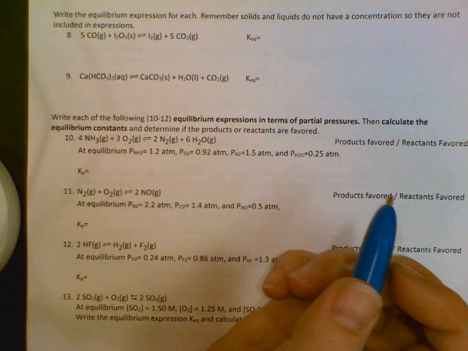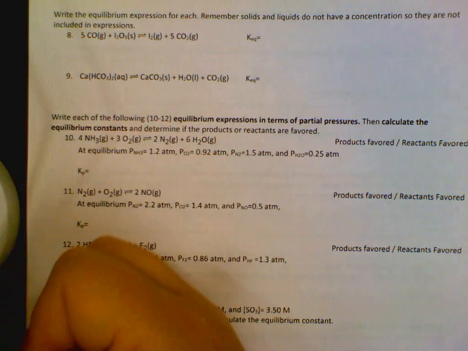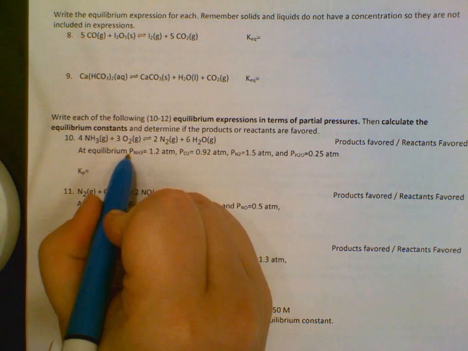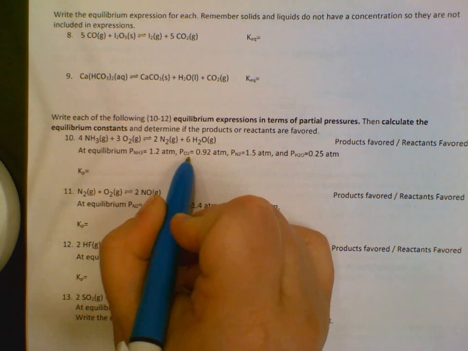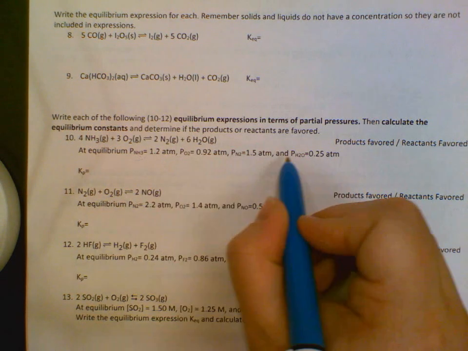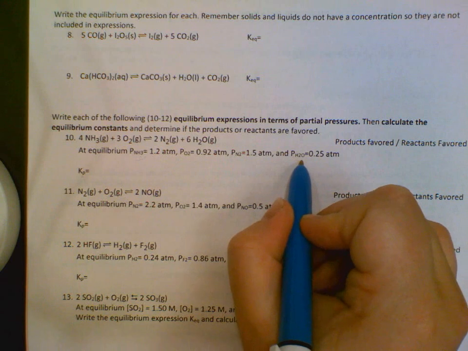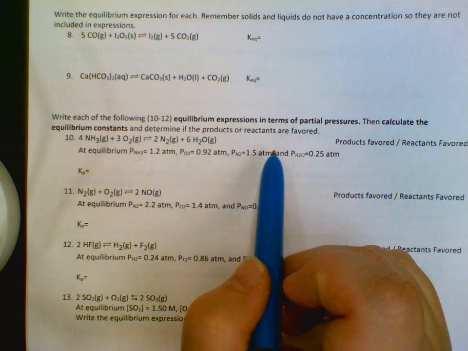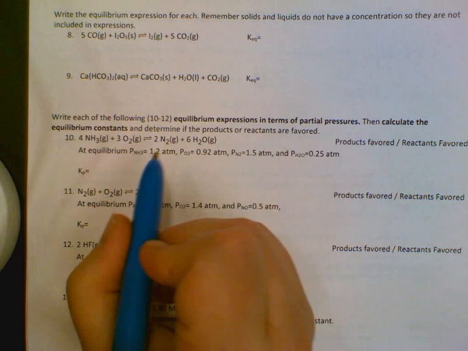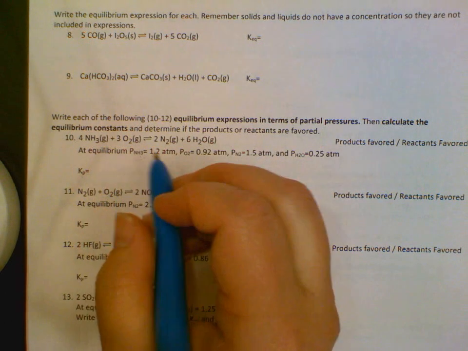So all that does is we're going to label things a little differently. Notice how we're given pressure of NH3, pressure of O2, pressure of N2, pressure of H2O. So it's not given as a concentration in brackets like the previous ones were. So we're going to express it in terms of pressures.